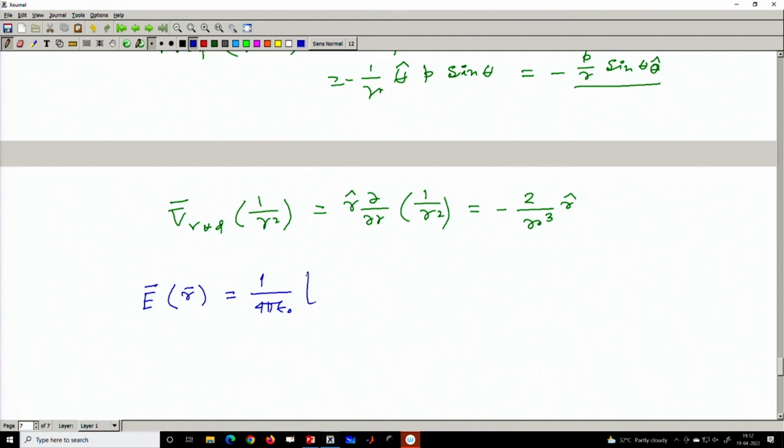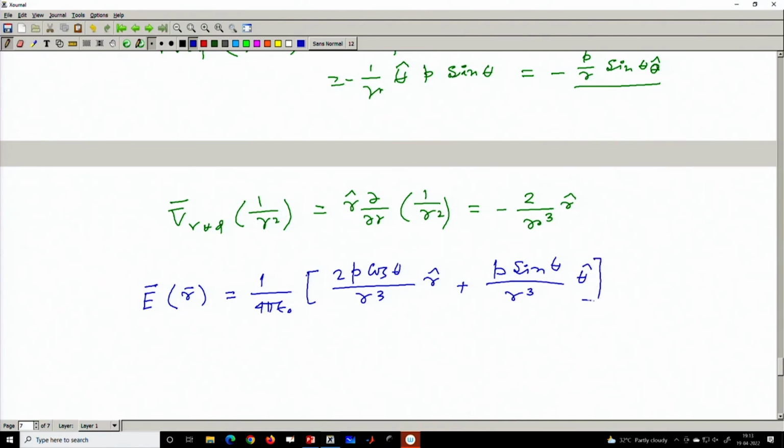It is in polar form, mind it, and it is 2 p and then cos theta divided by r cube and r unit vector plus p of sin theta by r cube theta unit vector.